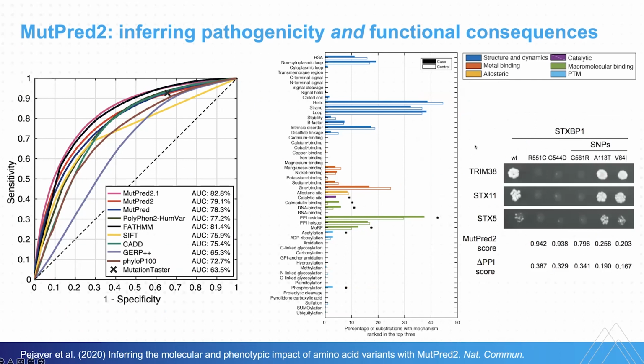We also demonstrated that our predictions correlate with experimental values. In this case, for example, these are readouts from yeast two-hybrid assays. This whole region in this picture is indicative of the fact that the protein STXBP1 loses interaction capability with its three partners. The MutPred scores are high, and so are the predictions that that's the particular functional mechanism that's disrupted.